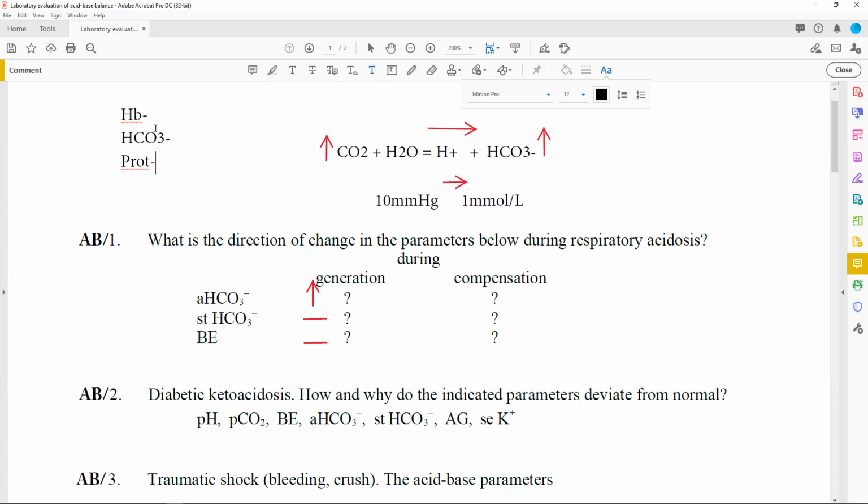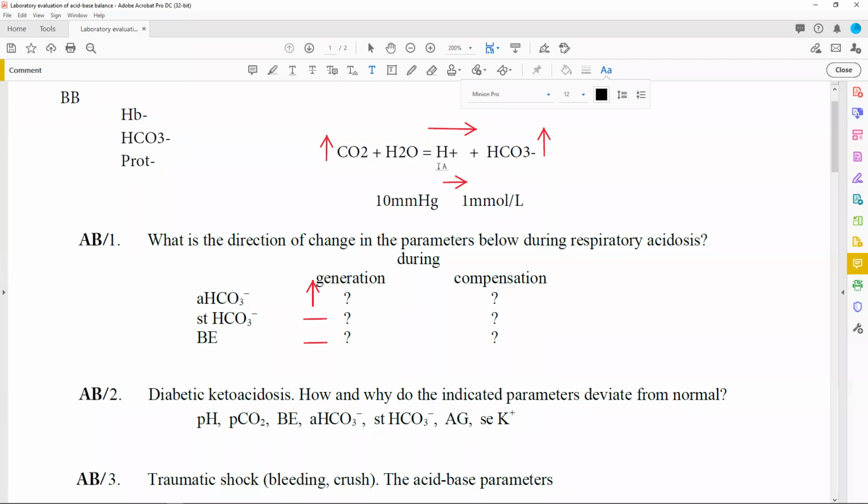And if you look at here, you would say that, yeah, because the bicarbonate is a portion of the buffer base, this buffer base should be influenced by respiration. However, when you produce one bicarbonate, you will produce one proton as well. And what will happen with the proton?